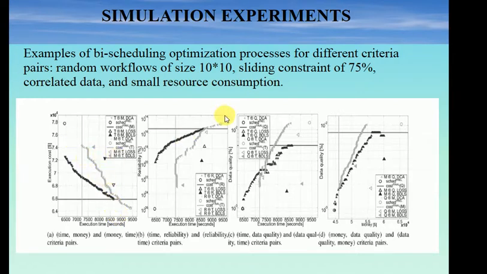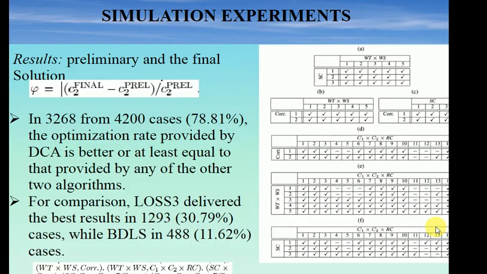Everywhere you can see that DC is the highest and it gives the best solution whenever we compare with the 4 bi-criteria combinations. Here, whatever the right mark has been done, that's the best solution given by the DC algorithm. If it is this symbol, then it says the DC algorithm is not the best solution when we compare with this criteria.